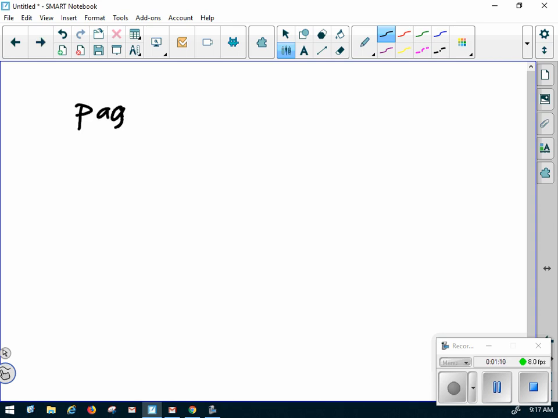Page 75, you're going to put nth roots. Just that. You will only be writing on the green sheet on those 3 examples at the bottom.